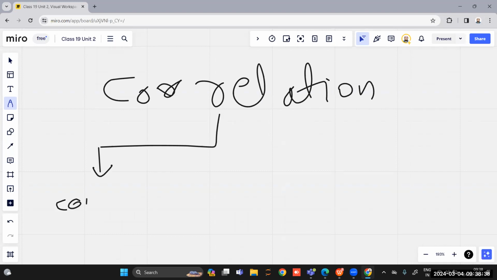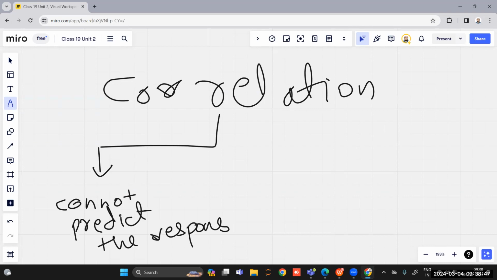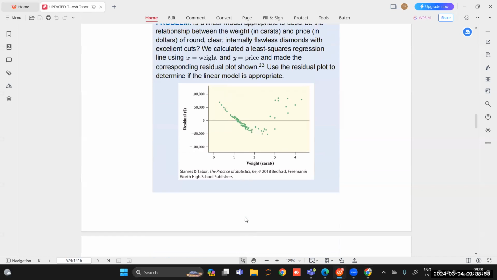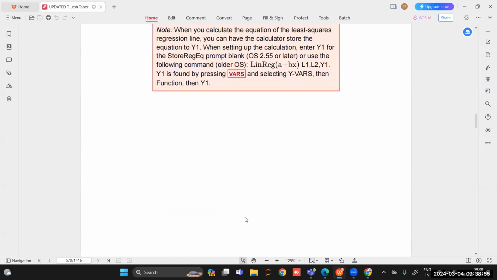It cannot predict the output, it cannot predict the response variable. So now in today's class, we are going to look at some interesting things.